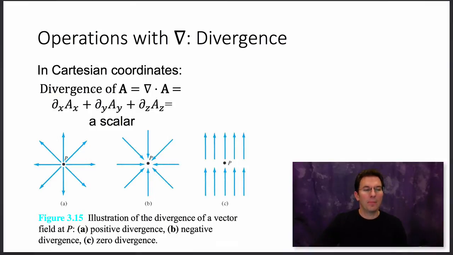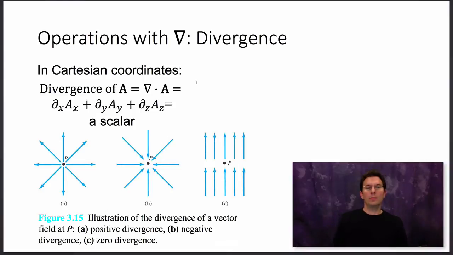Again, it's a differential operator that operates on a vector with a dot product in between. To take the divergence of A, you simply take the partial derivative of the x component of A with respect to x, and you add that to the partial derivative with respect to y of the y component plus the partial derivative with respect to z of the z component.